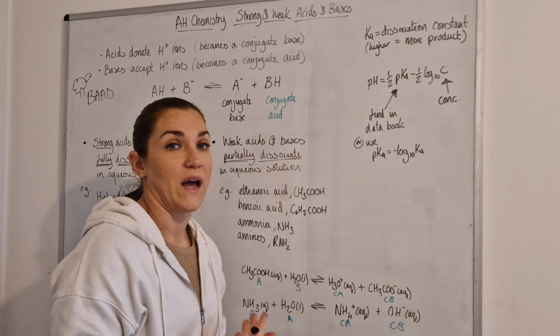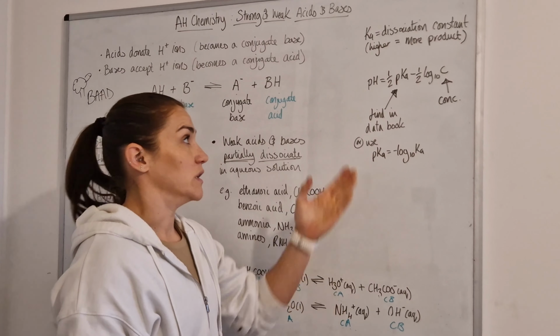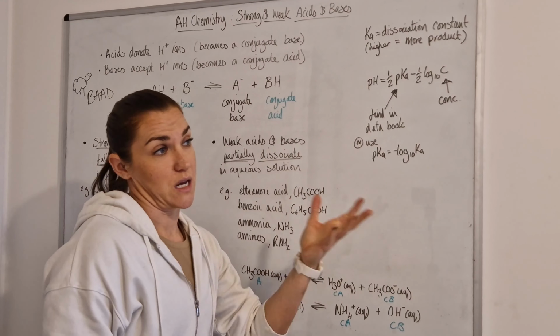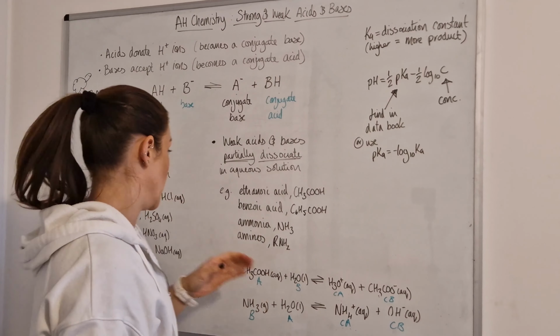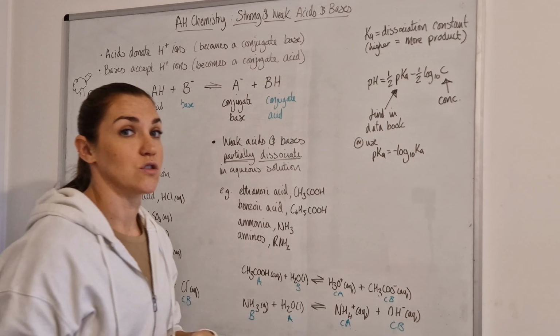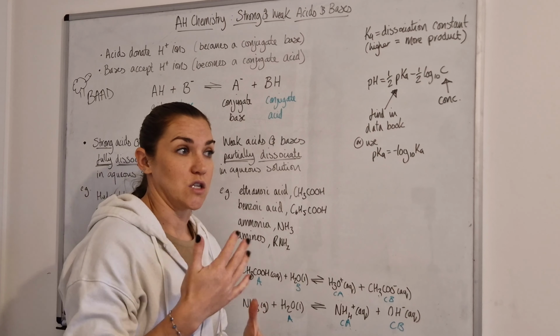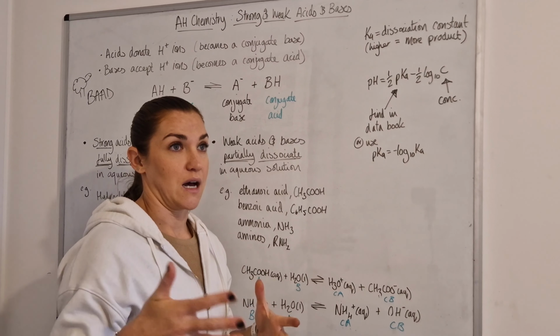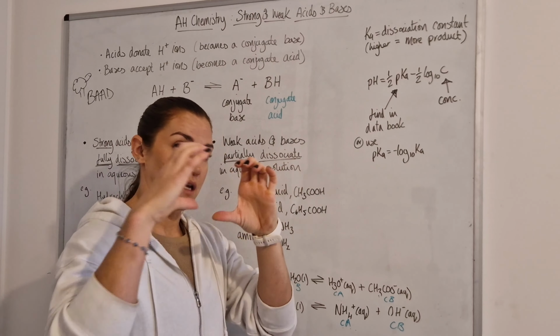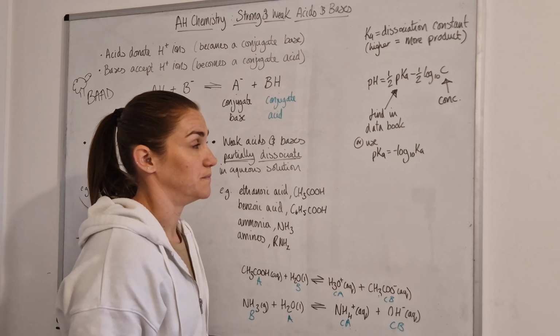So you need to know, oh, ethanoic acid is a weak acid, so I need to use this pH equation. Or if it was asking you about hydrochloric acid, you know hydrochloric acid is a strong acid, so then you have to use pH equals minus log to the base 10 of the hydronium ion concentration.